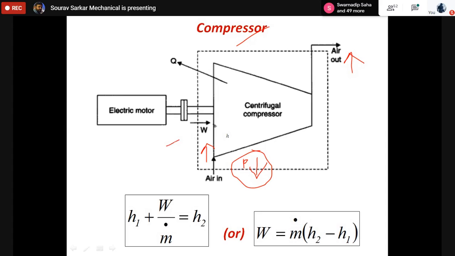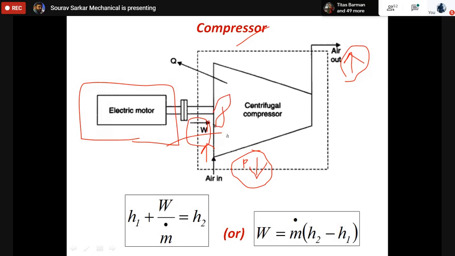You need some energy. You need to pay for something. That's why the pressure will get increased. So you are connecting an electrical motor. That electrical motor is driving the blades, which is causing the increment of the pressure. Pressure is also a form of energy. So whatever energy you have supplied through the electrical motor is basically converted into pressure.